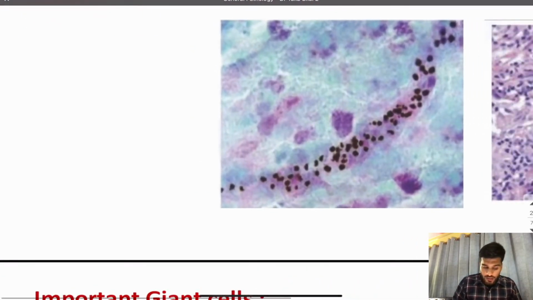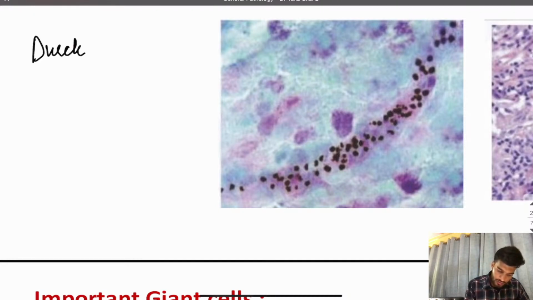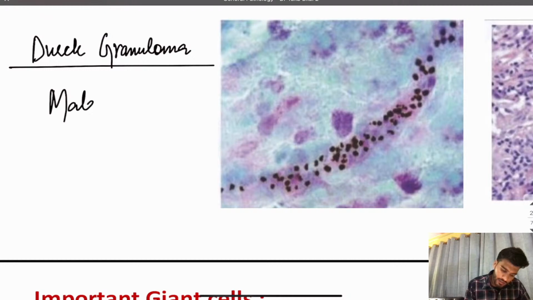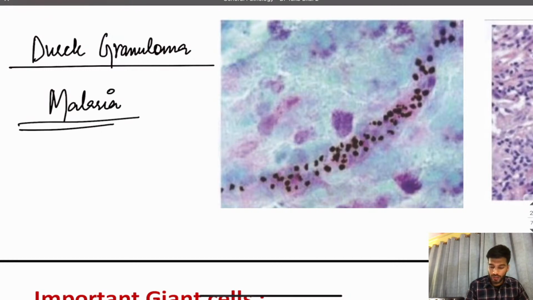This is a dark granuloma seen in malaria. In which disease is the dark granuloma seen, guys? It is seen in malaria. Malaria is caused by Plasmodium. Which Plasmodium?